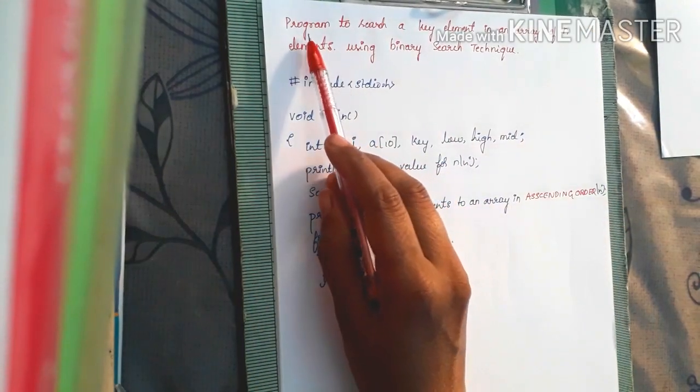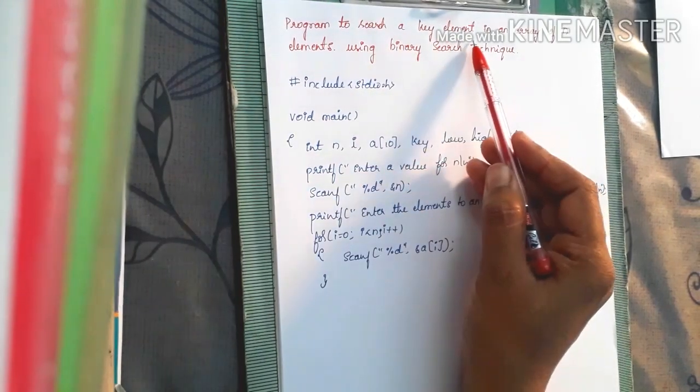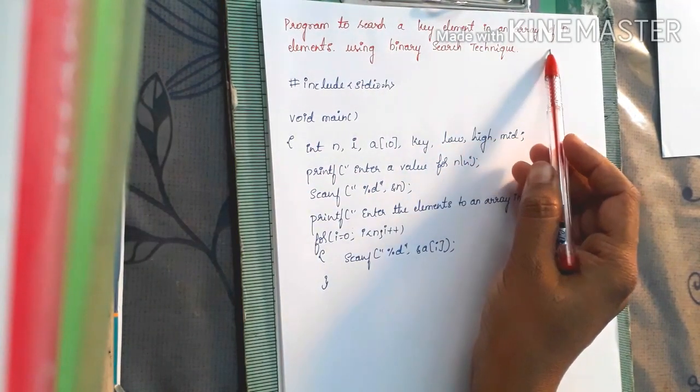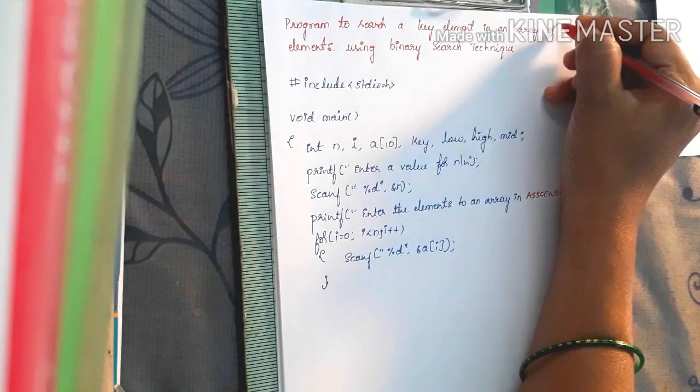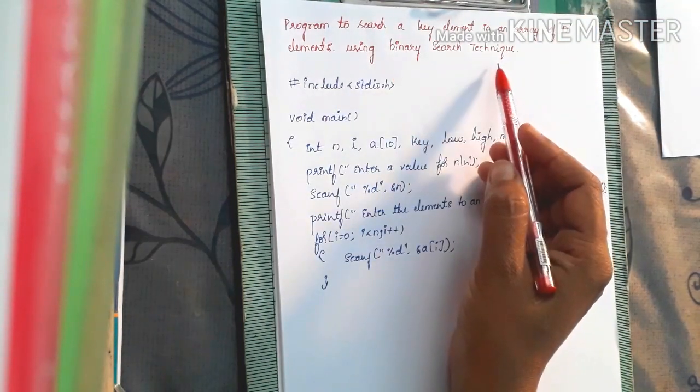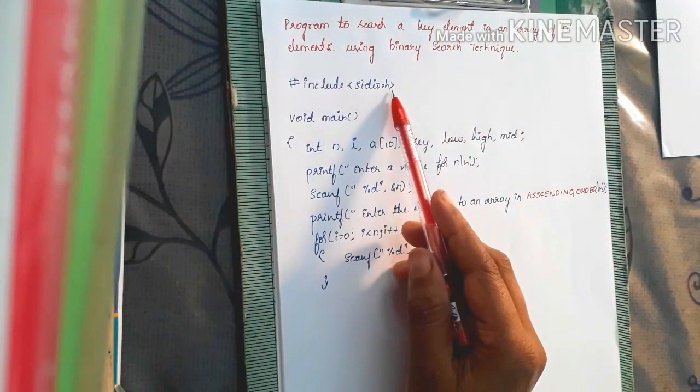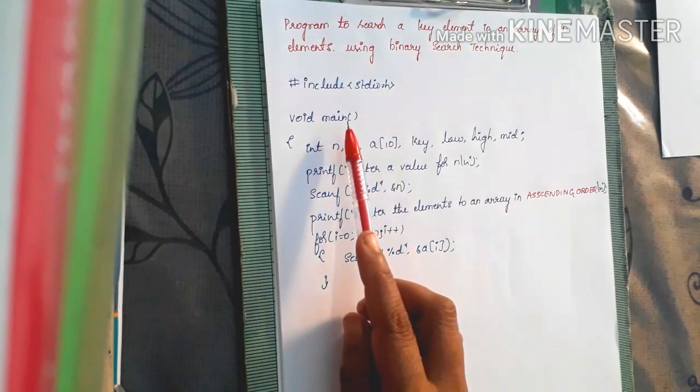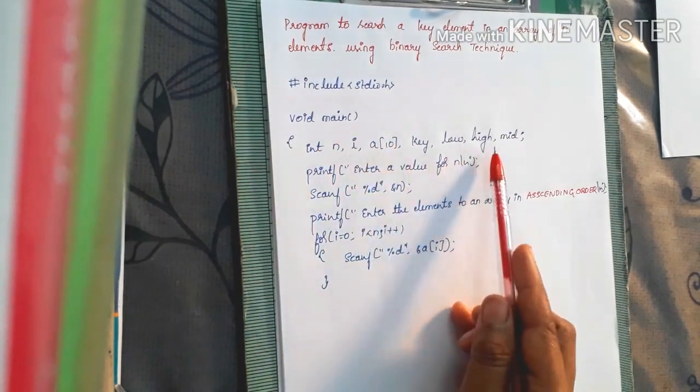Next, we write the program to search a given key element in an array of n elements using the binary search technique. First, write the preprocessor statements. Next, in the main function, first declare the variables.